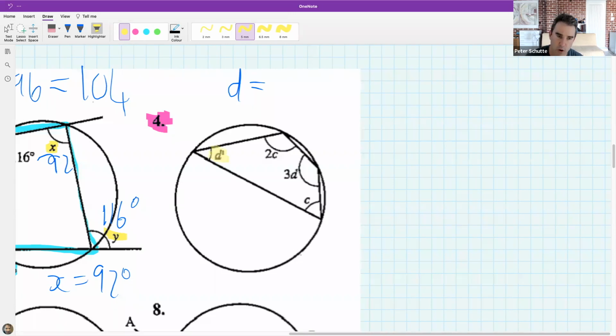But now, if I want to worry about D, D is opposite 3D. I like that, but there's something else about this quadrilateral. It looks a bit like it's squashed into one corner of the circle, but there's something else that's really, really important. I want someone to name it.